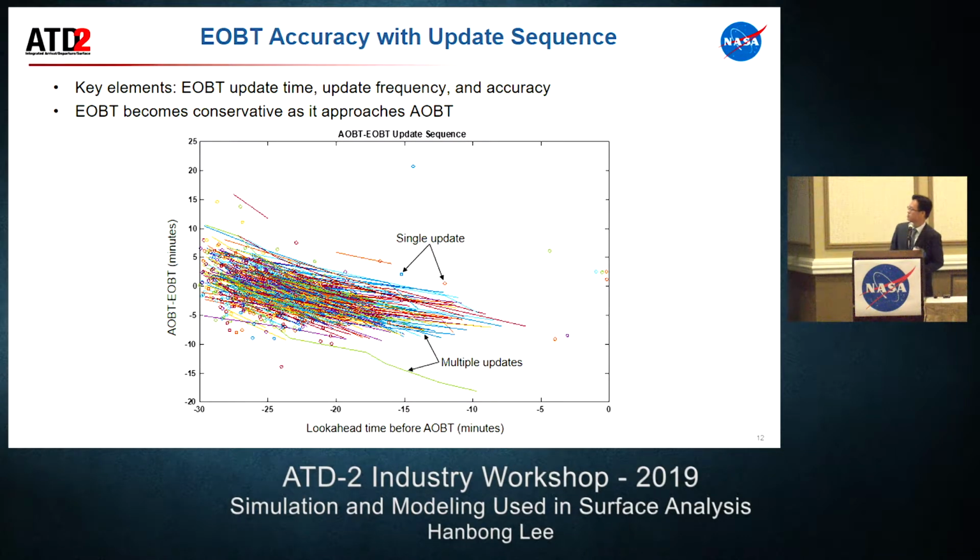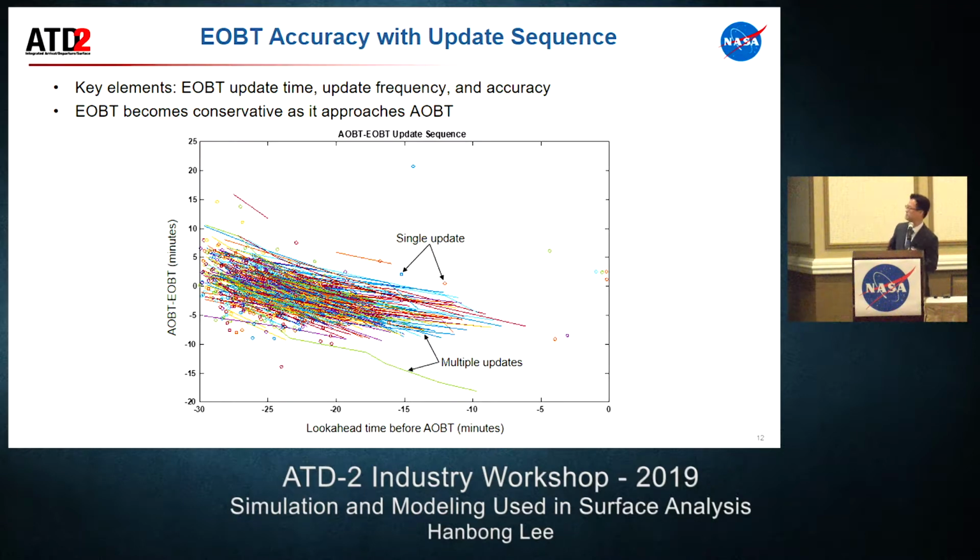So this chart shows the EOBT accuracy with the updated sequence at the Charlotte Airport. This is for all the departures regardless of airline. The x-axis shows the look-ahead time before actual pushback within the 30-minute time window, and the y-axis shows the EOBT accuracy, the AOBT minus EOBT.